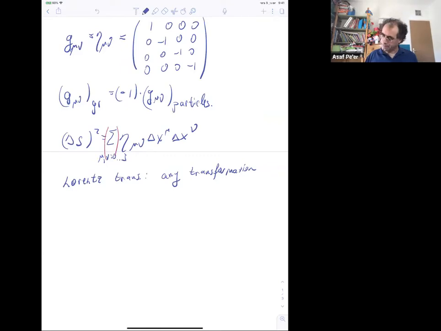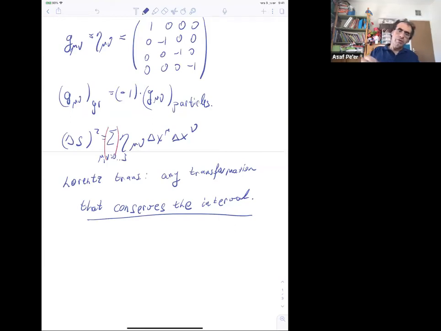It's a good point. This is the definition of a Lorentz transformation. And under this definition, we find that simple rotations in Euclidean space are legitimate Lorentz transformations.